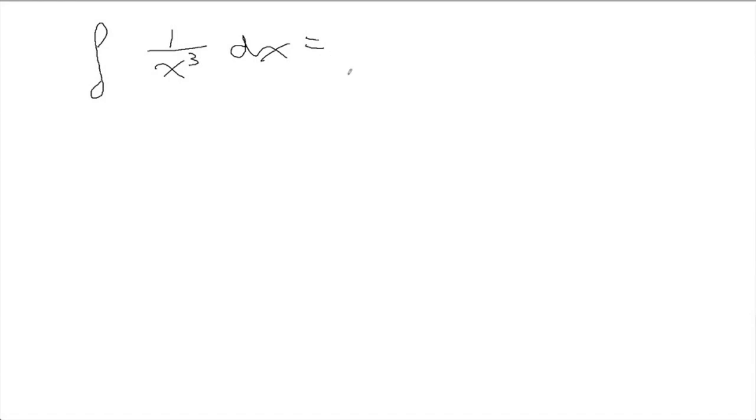Okay, talk me through how you would solve this. Okay, the antiderivative of 1 over x cubed with respect to x. So we bring x cubed to the top, and we can rewrite this as the antiderivative of x to the negative 3 with respect to x.